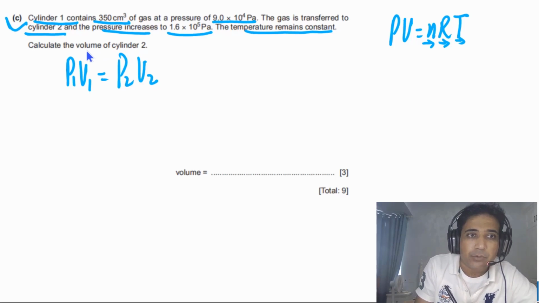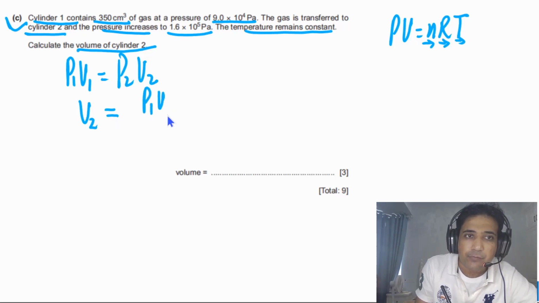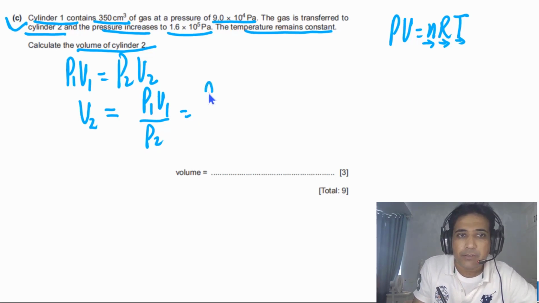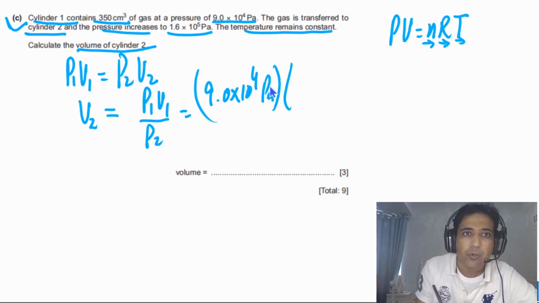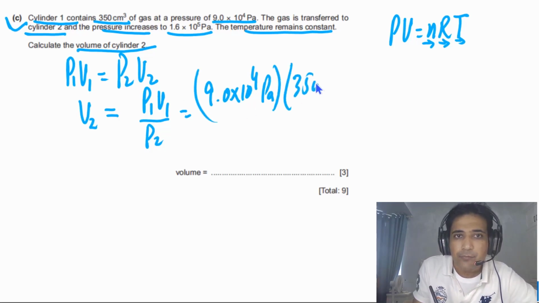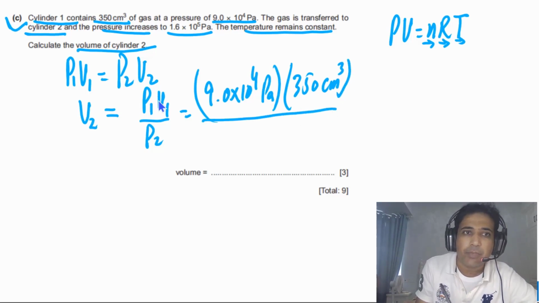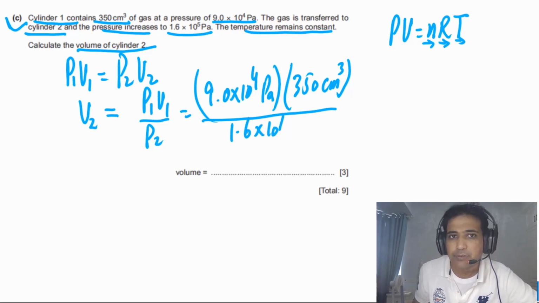In this case, we need to calculate the volume of cylinder 2, so we need to calculate the value of V2. V2 will be equal to P1 V1 divided by P2. The value of P1 we have, that is 9.0 times 10 to 4 pascals. And we have volume, that is 350 cubic centimeters. We have to divide by P2, that is 1.6 times 10 to 5 pascals.